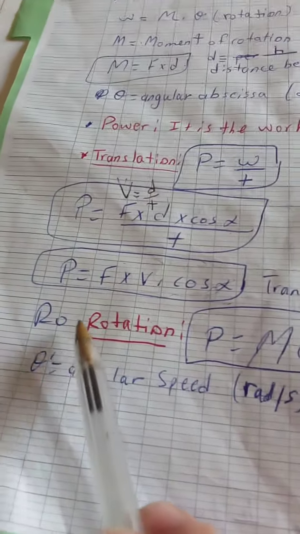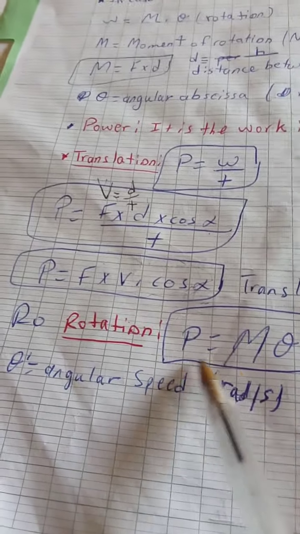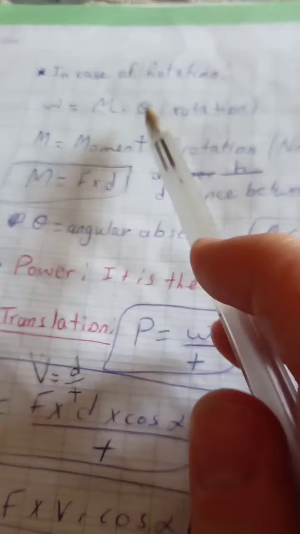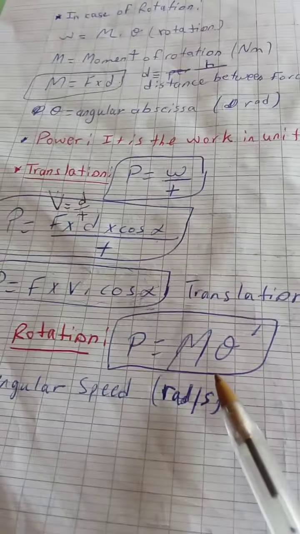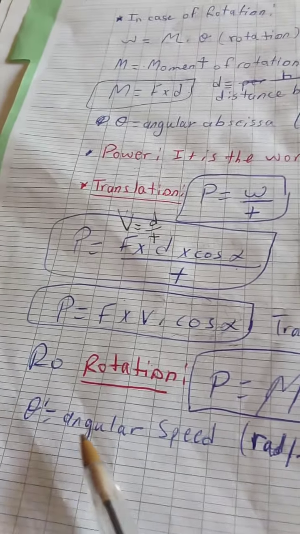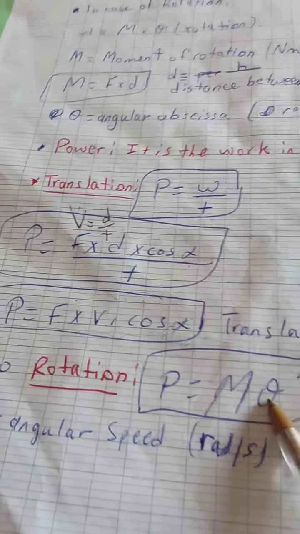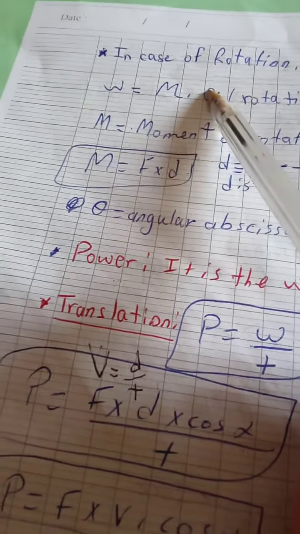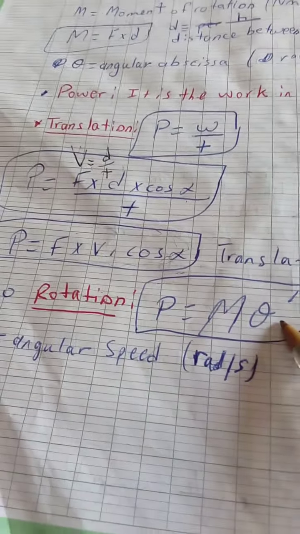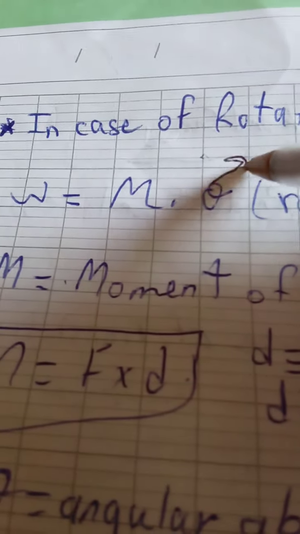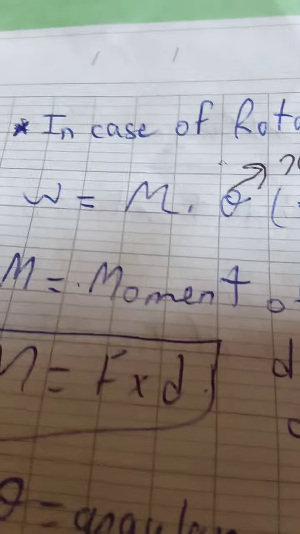If the power is in rotation, you can use power equals moment times theta prime, like work equals moment times theta. This theta prime is angular speed. Theta prime is not like theta. Theta is a position, theta prime is a speed. Like here we can put x as a position.